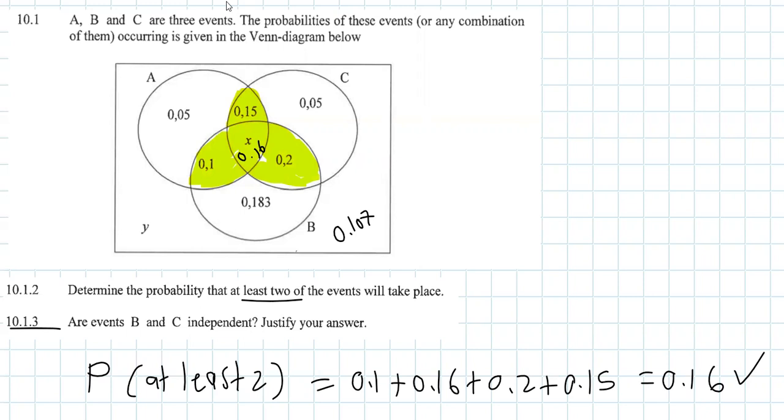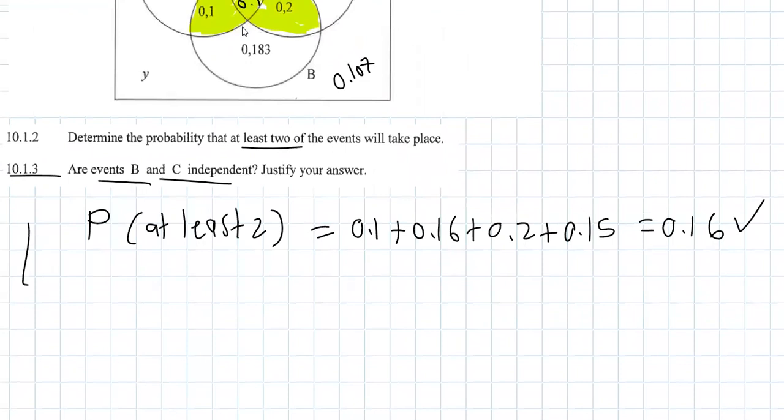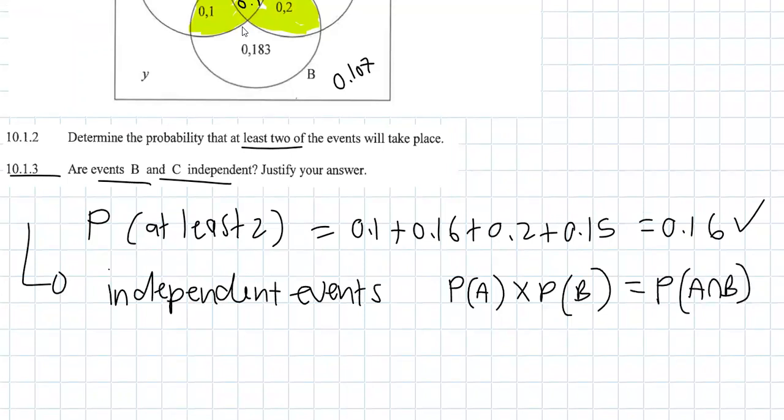10.1.3. Are events B and C independent? Justify your answer. So for independent events, we know that the probability of event A times the probability of event B must equal the probability of A and B, or the overlap between the two, if they're independent from each other.